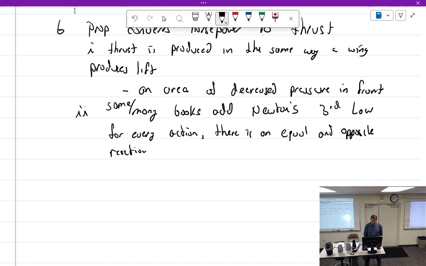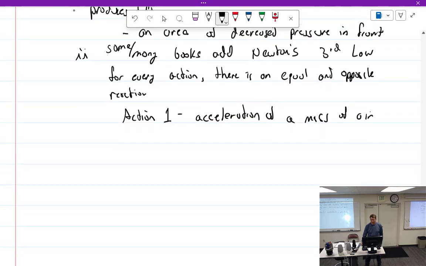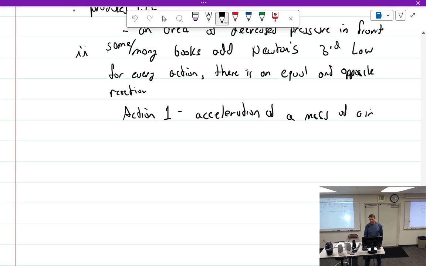Okay. And the two are directed across the same line as it goes. So what is action one of the prop? Action one. What do you suppose that is? Pushes air back. Okay, so we got acceleration of a mass of air by the blade.